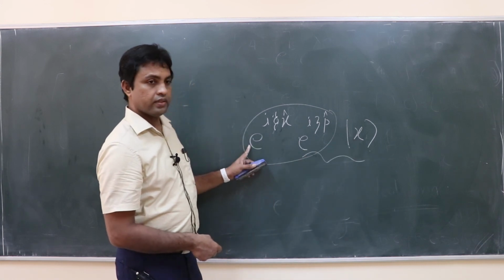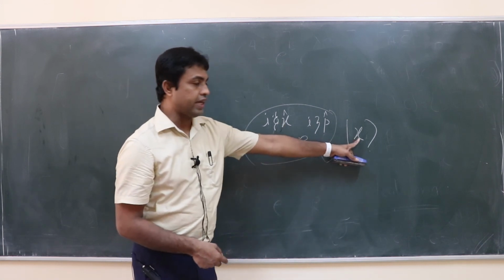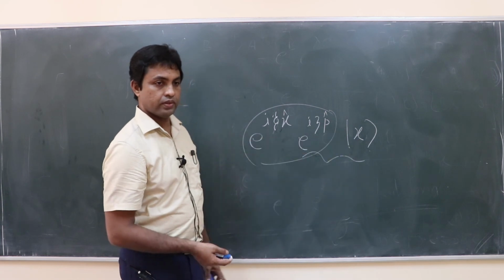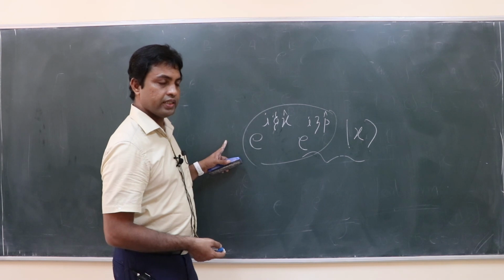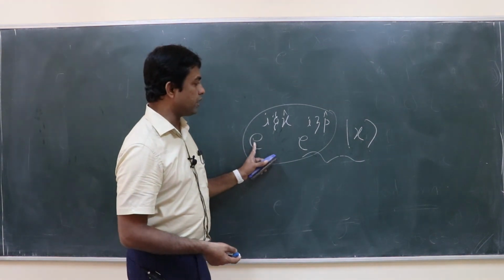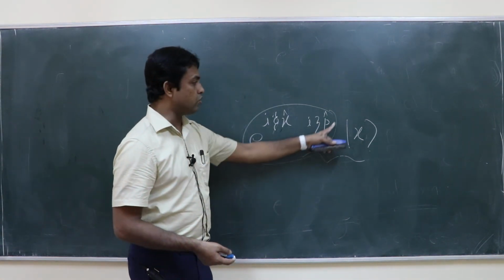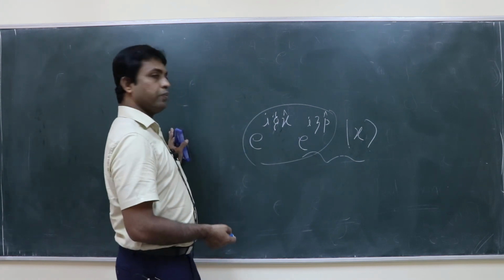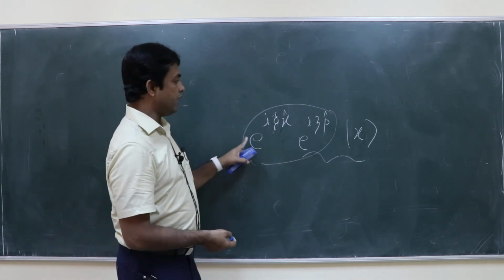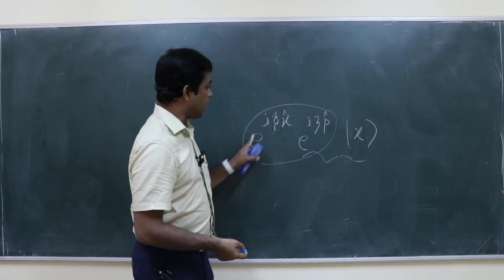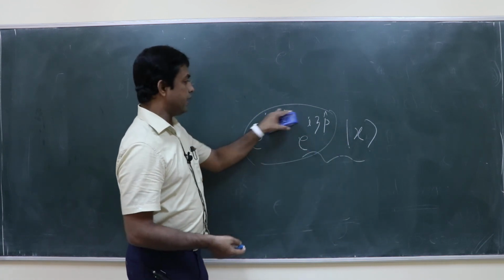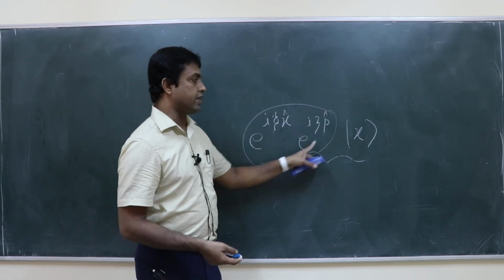X operator acting on x will give you the number x itself. So I can write down now whatever formula you had derived earlier. This operator will become the right hand side, and this operator will become the left hand side multiplied by some constant. So e power i psi x acting on x will give you just an i psi x number, and after that you have only i eta p.